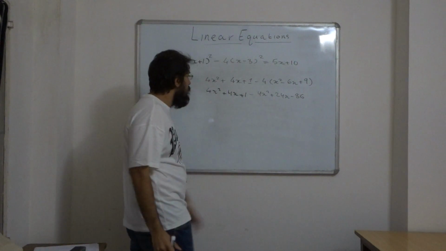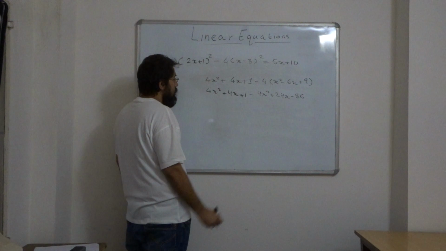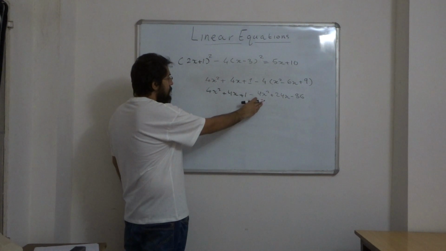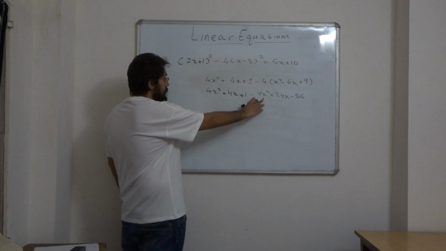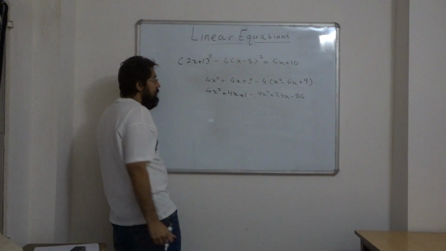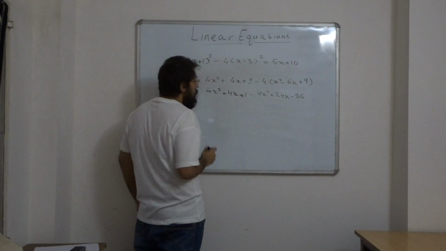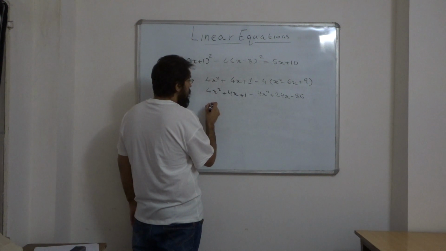Okay, so let's simplify this now. When you combine like terms, you see 4x squared is negative here, because there's a negative ahead of it, and 4x squared here is positive. So these two cancel out. What are we left with?